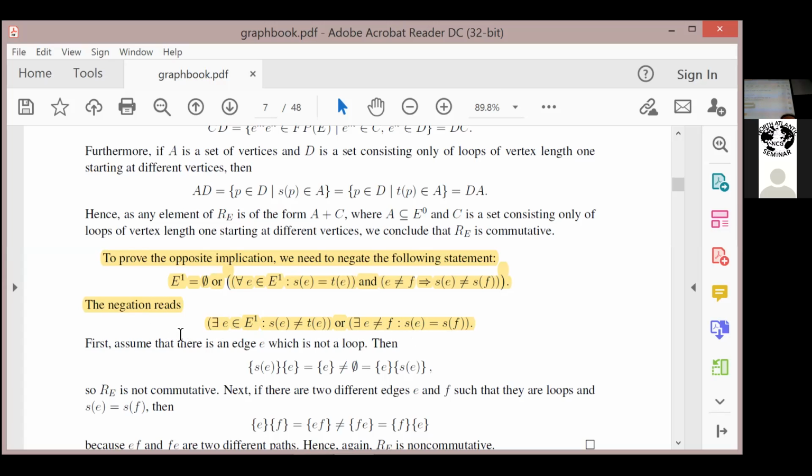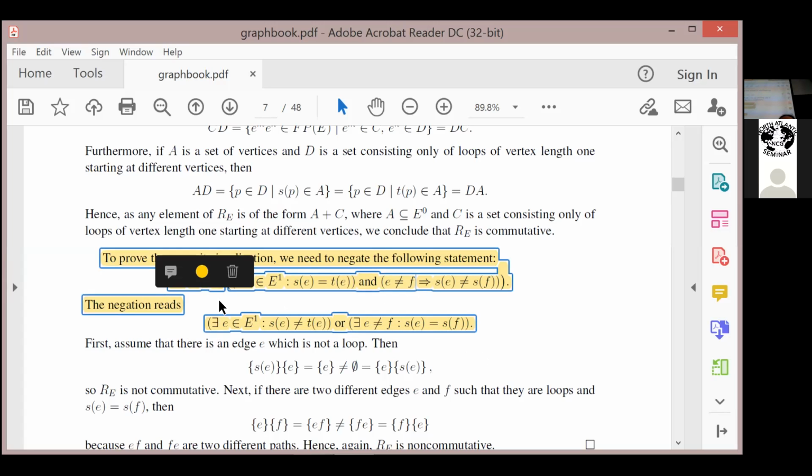So this conjunction with E1 is non-empty is vacuous. I can skip it. So this is why I look at this alternative, right? So now I'm looking at the negation of this one, but here it's the negation of a conjunction. So it will be the alternative of negations. So either what I've got is an edge which is not a loop, or I have 2 different edges that simply don't begin at the same point.